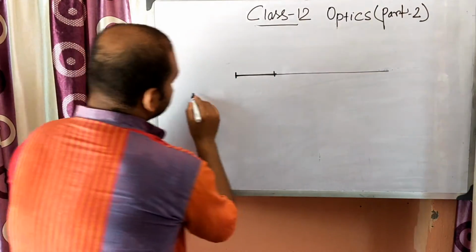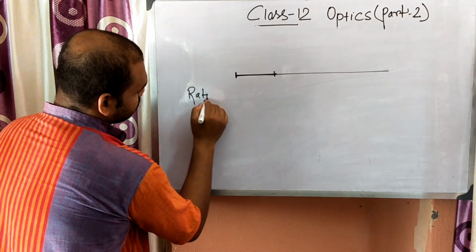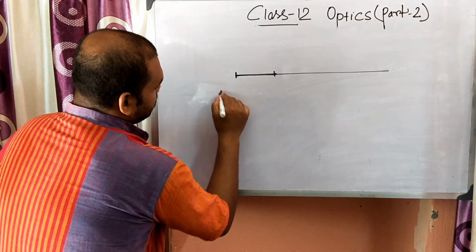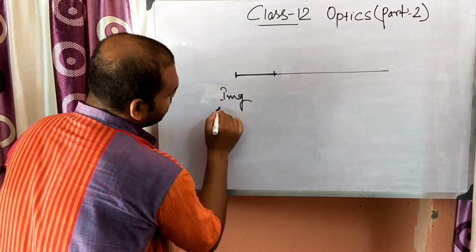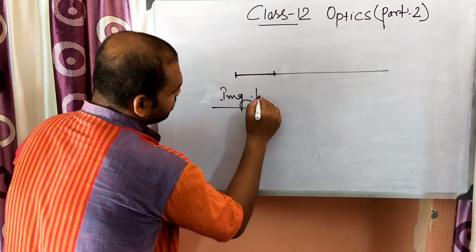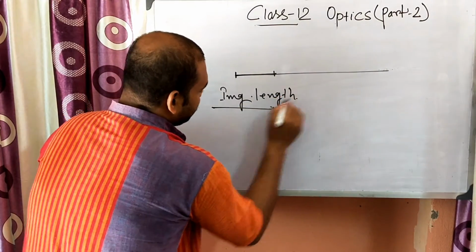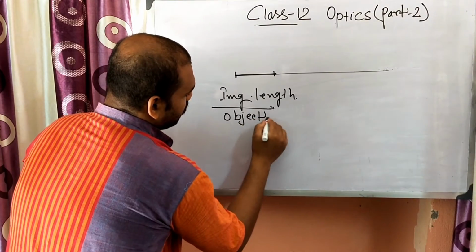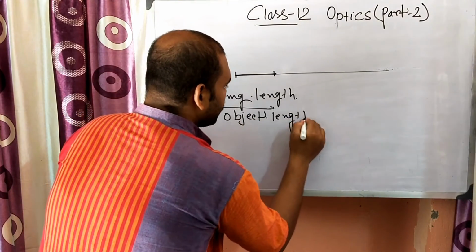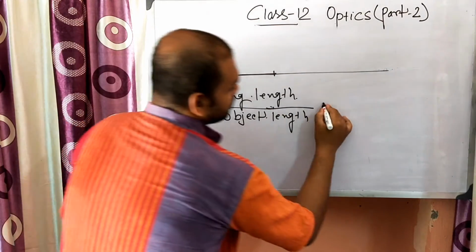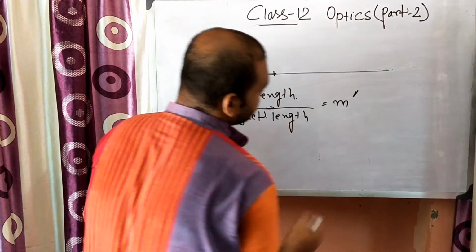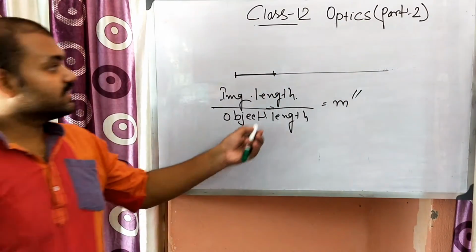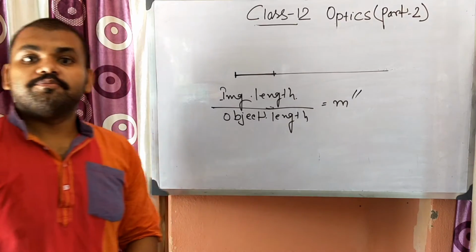So in this case, the ratio of image length by object length is known as m double prime, and this is the longitudinal magnification.